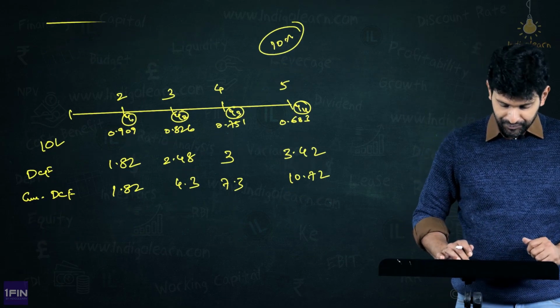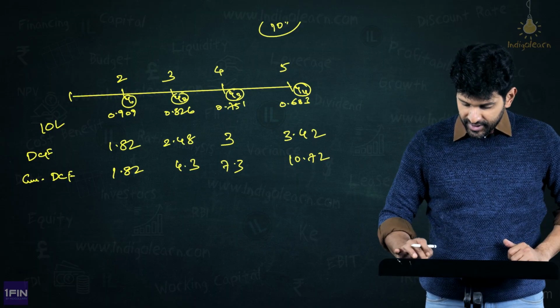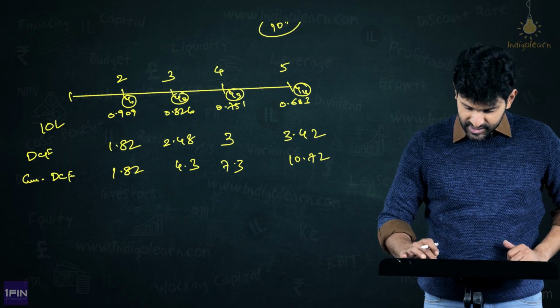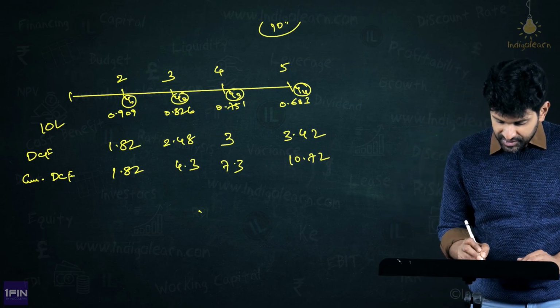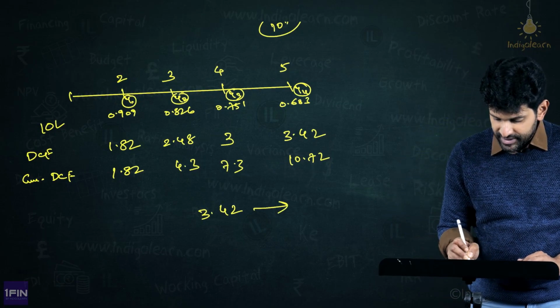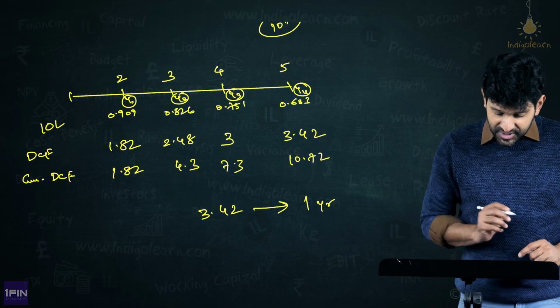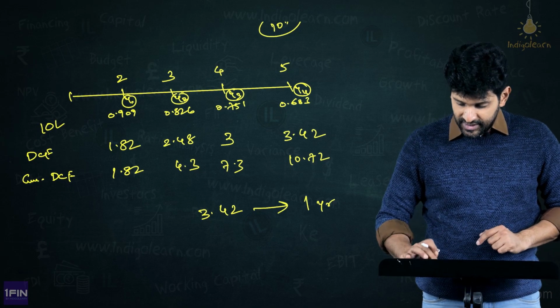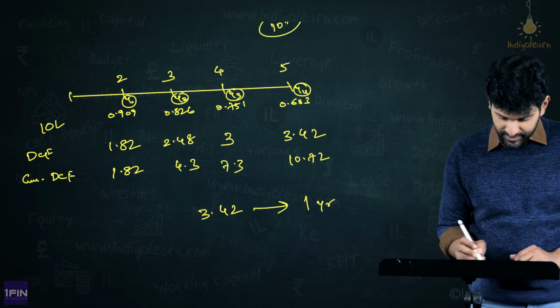In the fourth year, how much is completely recovered? 10.72 minus 7.3, that is 3.42. So for 3.42 it takes 1 year. Then how much is recoverable in total? 10 minus 7.3, that is 2.7.